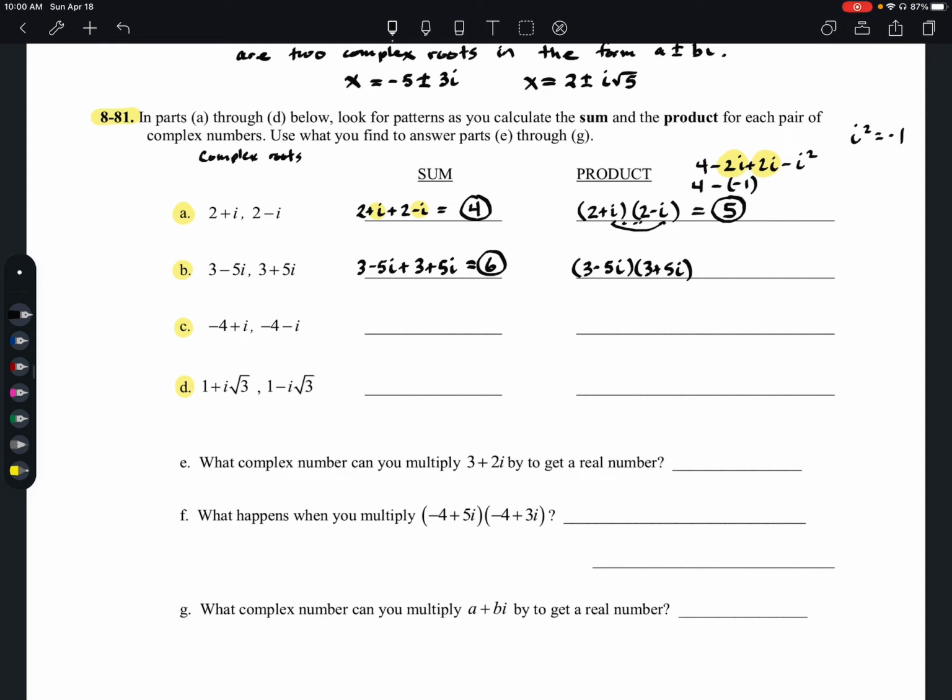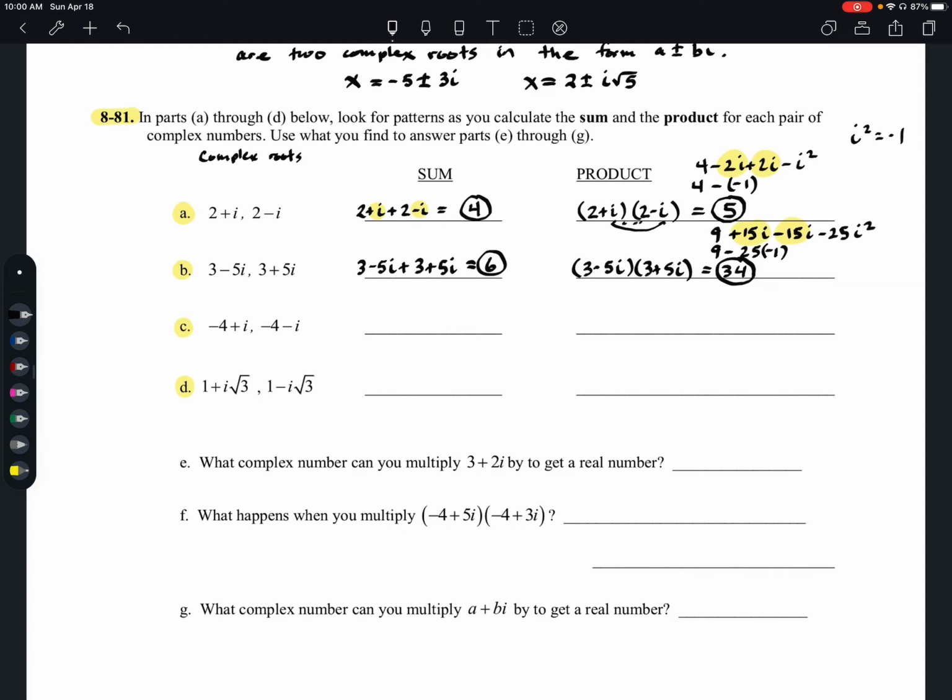So when we FOIL that out, we should have a 9 plus 15i minus a 15i minus 25i squared. Well, again, positive 15i and negative 15i cancel out. So we have 9 minus 25, and then when I do i squared, it'd be a negative 1. So it's going to be like 9 plus 25, which should give us 34.